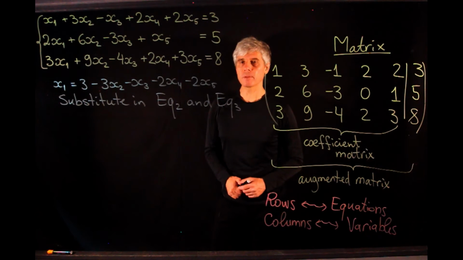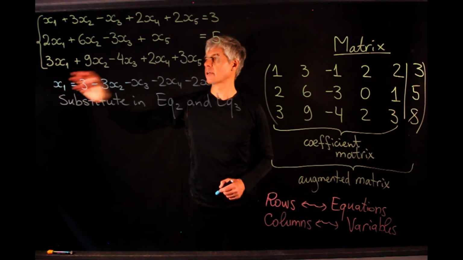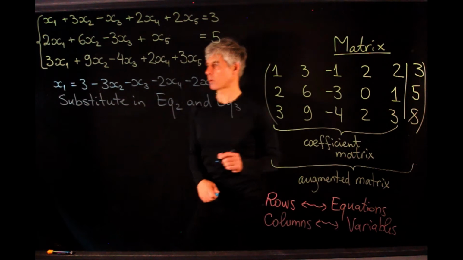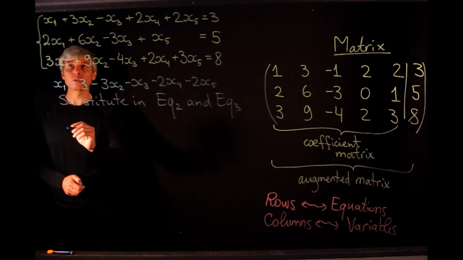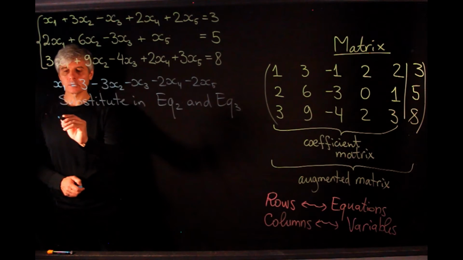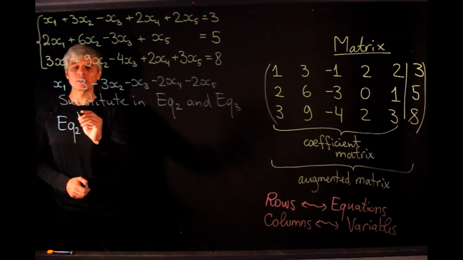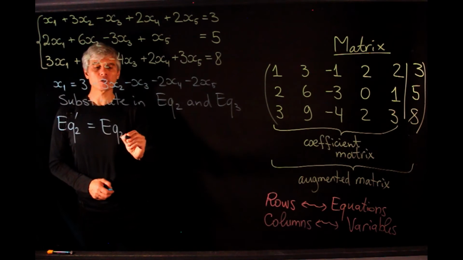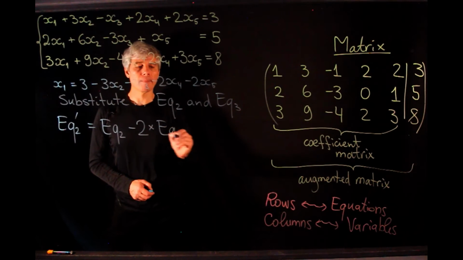We can make this method more efficient. There is no need to express one of the variables here. Instead, we can operate with equations themselves. What we can do is add to equation 2 a multiple of equation 1, or rather, we will take equation 2 and subtract 2 times equation 1.